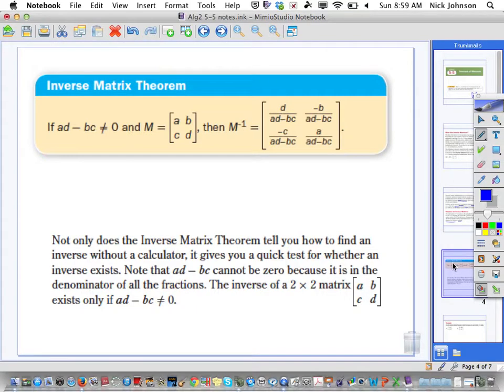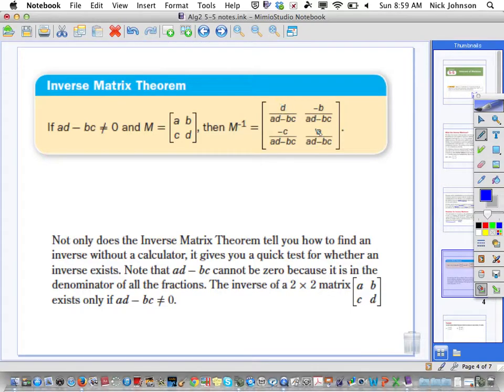The inverse matrix theorem. If A times D minus B times C cannot equal 0, and M equals the matrix A, B, C, D, then the inverse matrix is equal to the following. I want you to look at the numerators. Your A and D just flip spots.